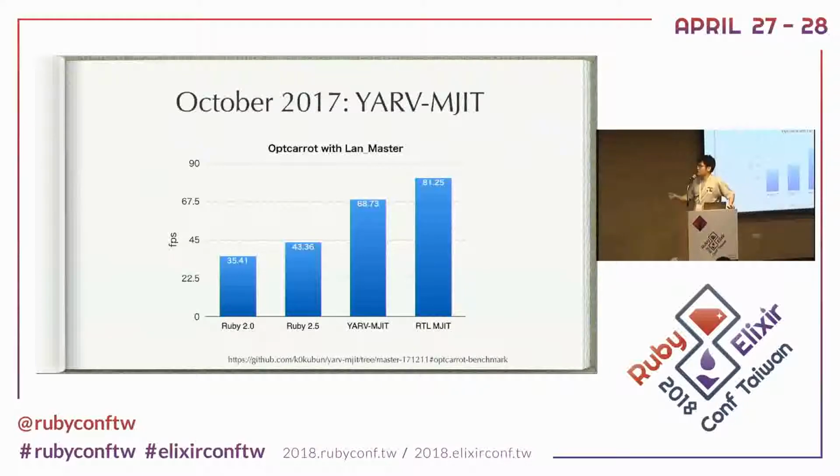I can improve performance by touching or crashing the VM instructions, but I don't want to crash Ruby's behavior because I'm running a production application with Ruby, and it's a serious application. So I want stability, a very compatible version of the JIT compiler.